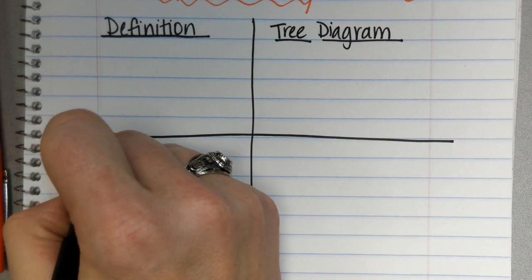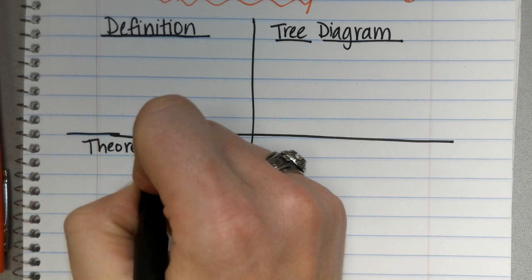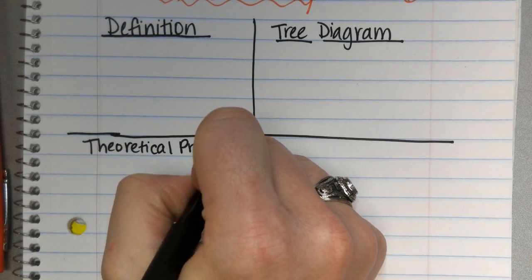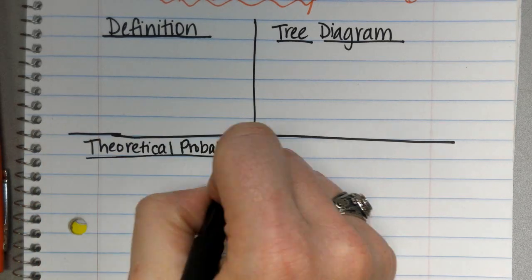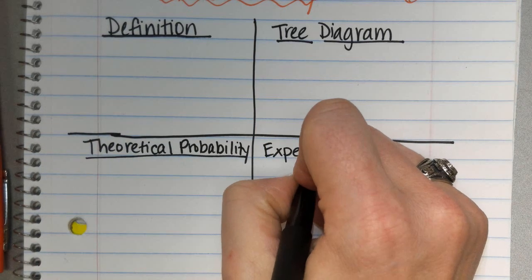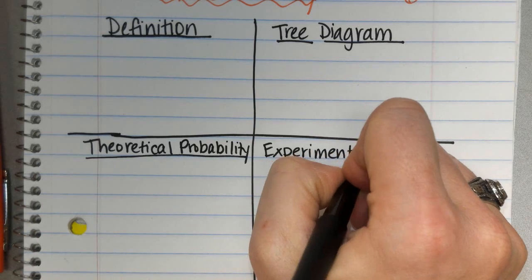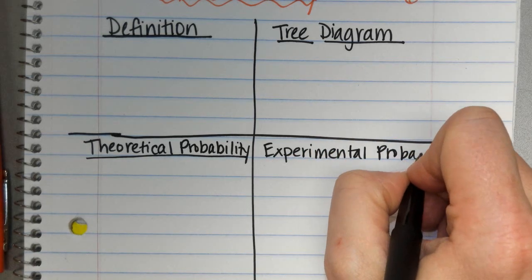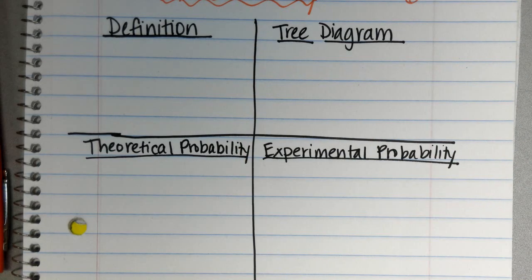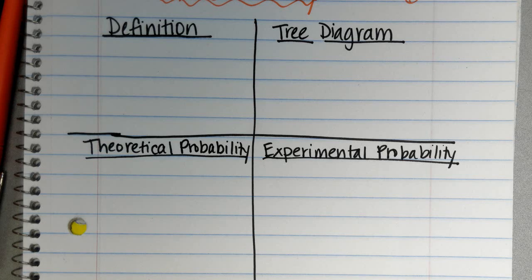Then we're going to have the theoretical probability and experimental probability. So go ahead and pause this if you need to, and catch up.